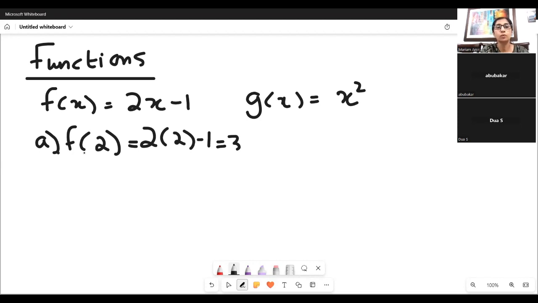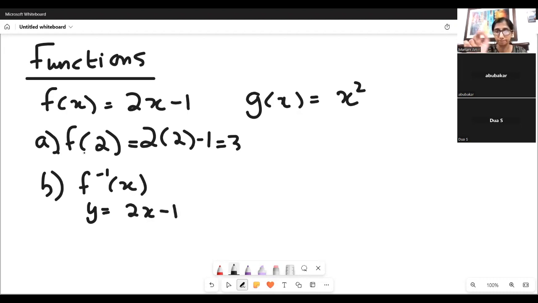From O levels, we also know how to find f inverse of x. How do we find f inverse of x? We start with y equals 2x minus 1.